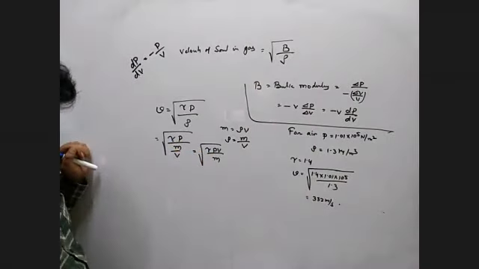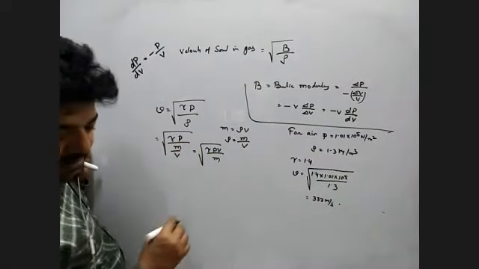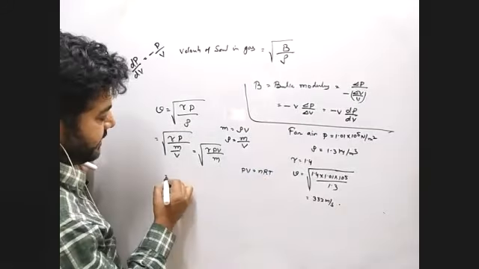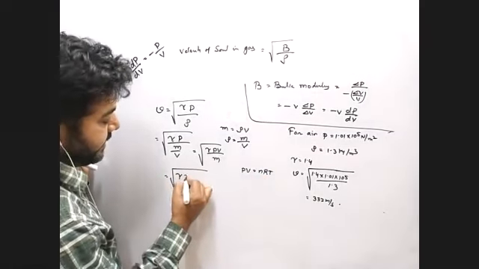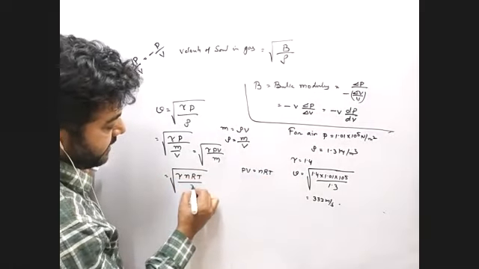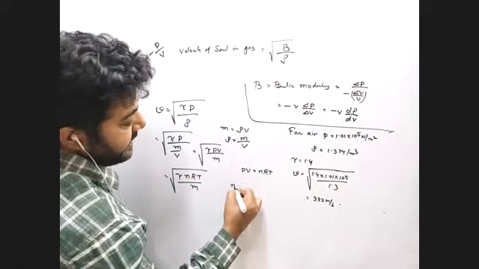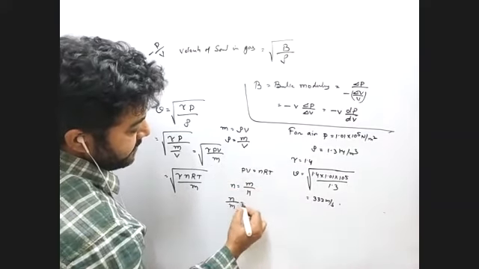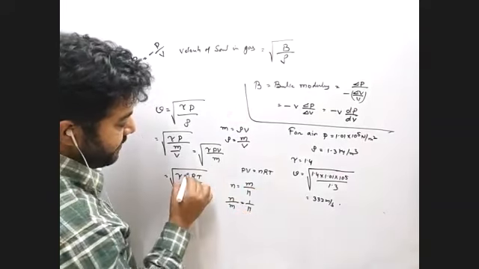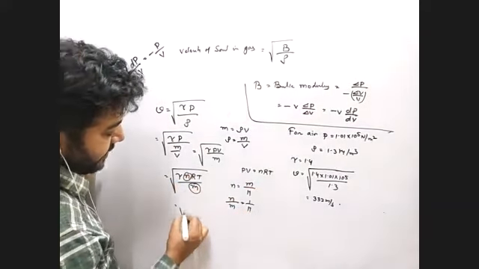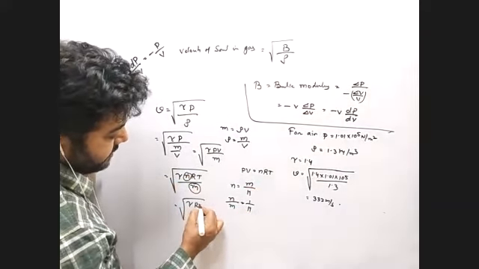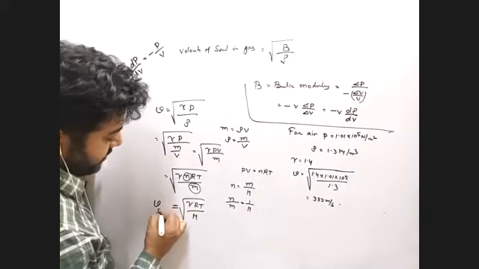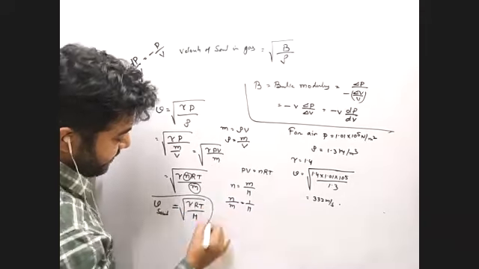Can we write this? And as PV equals nRT, what we can write: gamma nRT by mass. Now n is the mass by molecular weight, so n by mass is 1 by M. So you can write root of gamma RT by molecular weight. Very, very important for velocity of sound. Okay, everyone?